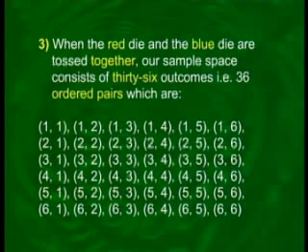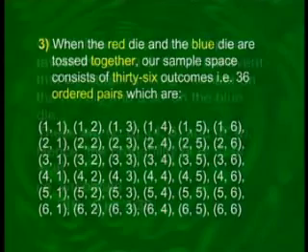Students, when the red die and the blue die are tossed together, our sample space consists of 36 ordered pairs, which are 1, 1, 1, 2, 1, 3, and so on.